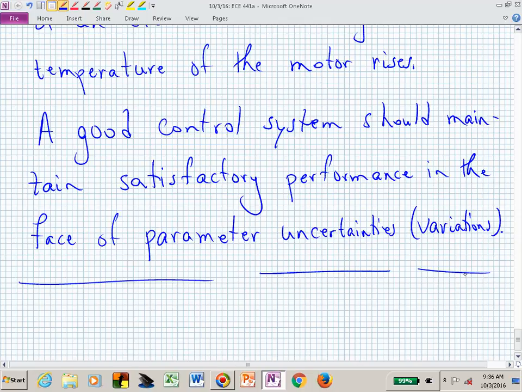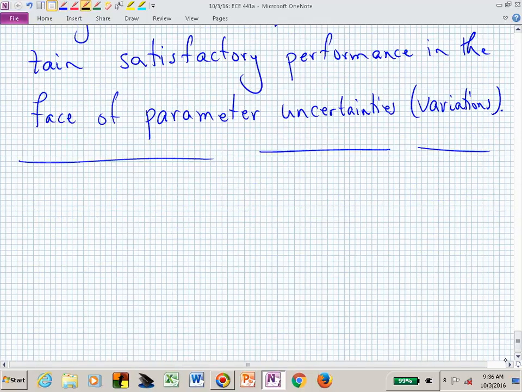And the way that we will try to accomplish that is by defining a sensitivity expression.